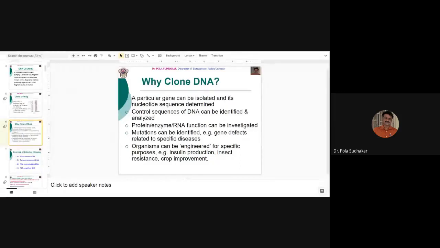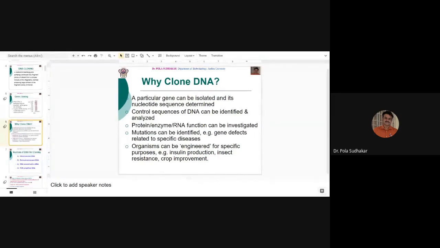A particular gene can be isolated and its nucleotide sequence determined. Control sequences of DNA can be identified and analyzed. Protein, enzyme, or RNA function can be investigated. Mutations can be identified using DNA cloning. And also, organisms can be engineered for specific purposes.